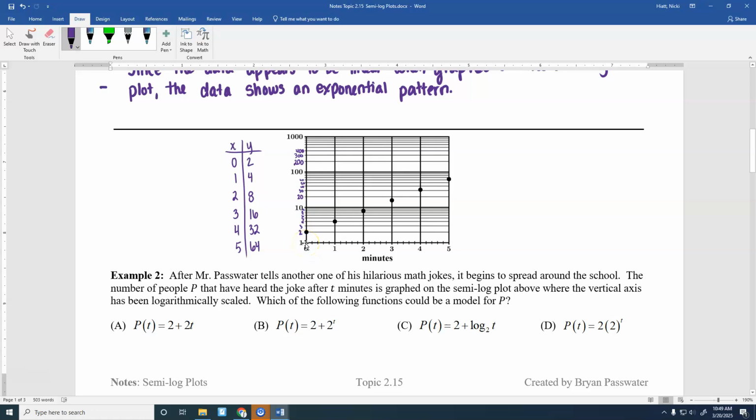I could start at 0.1, and it'd be 0.1, 0.2, 0.3, 0.4, 0.5 till it got to 1. And then it'd go 1, 2, 3, 4, 5. So you could start at a decimal, but semi-log plots are not going to have negatives on them, and they're not going to have the 0.00 on them, which for exponentials is fine because exponentials have that horizontal asymptote where they never actually get to 0, so it should be fine.